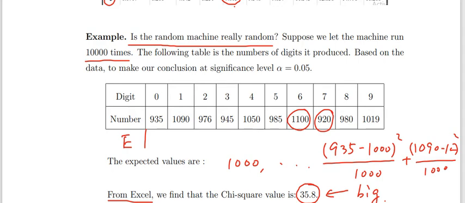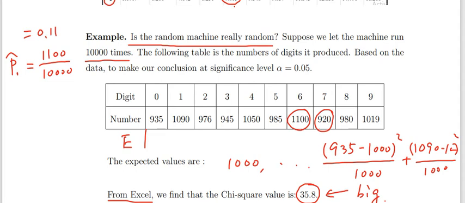So we can say P1 hat equals, for the highest, 1100 over 10,000, right? So this percentage is 0.11.